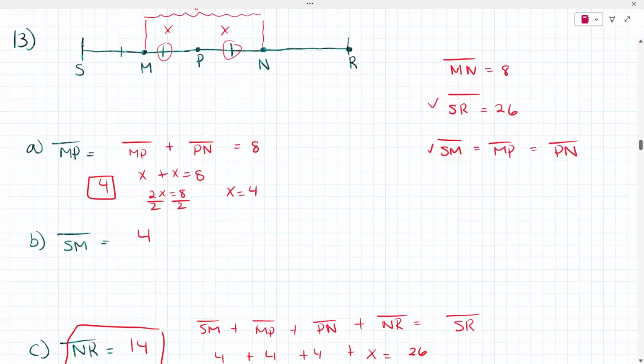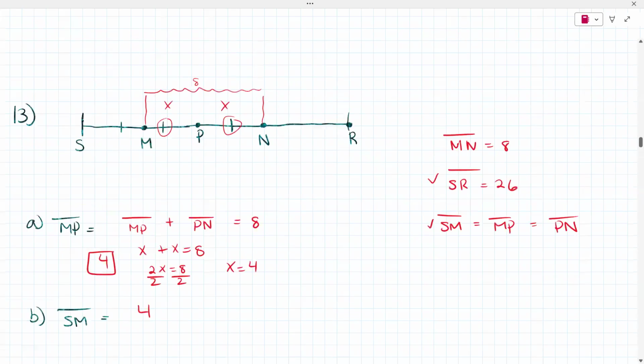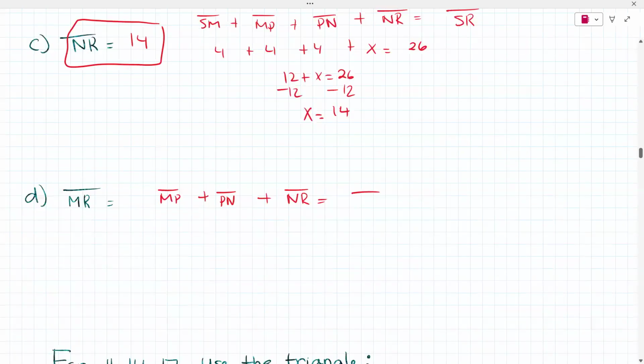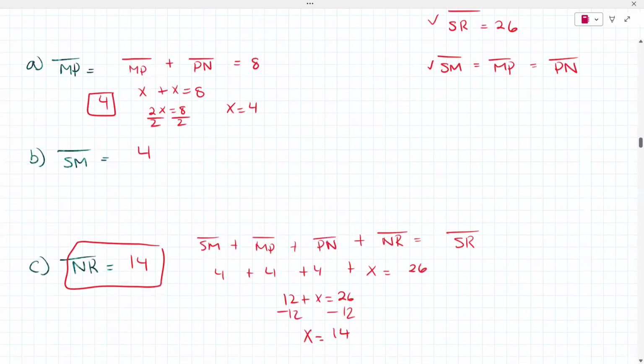That gives you the total distance of MR. Okay, so we know that the distance of MP is 4.